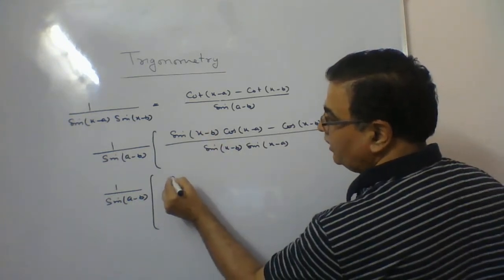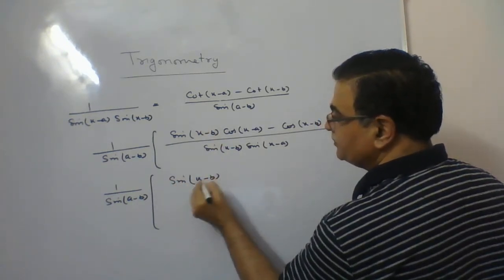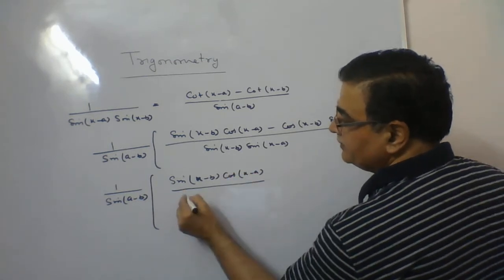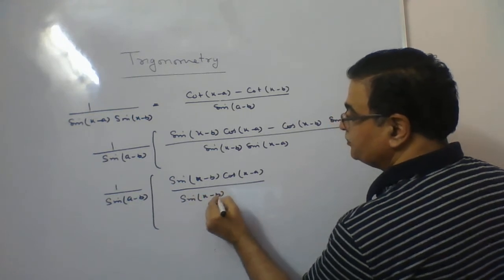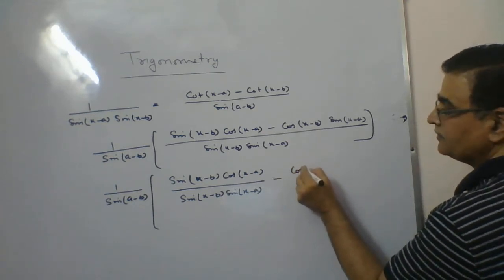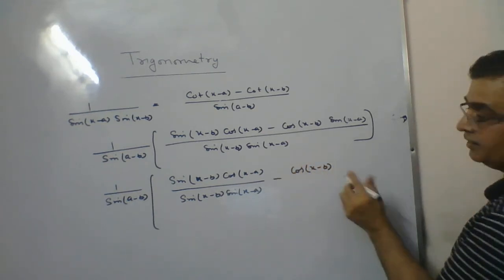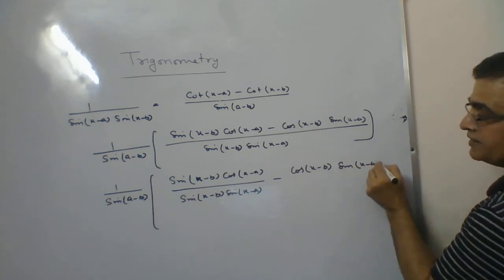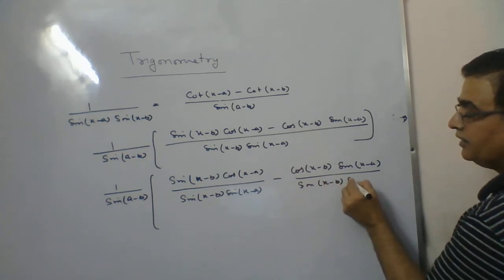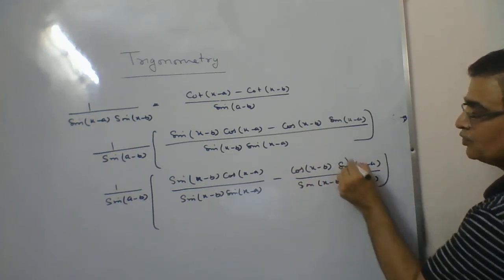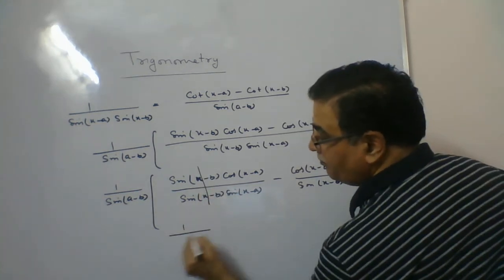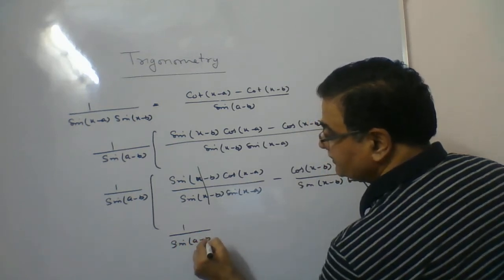When you separate this out, then it will be sine of x minus B into cos of x minus A by sine of x minus B into sine of x minus A, and then minus cos of x minus B into sine of x minus A by sine of x minus B into sine of x minus A. Now when you solve it, this cancels out, this cancels out. Left is 1 by sine of A minus B.